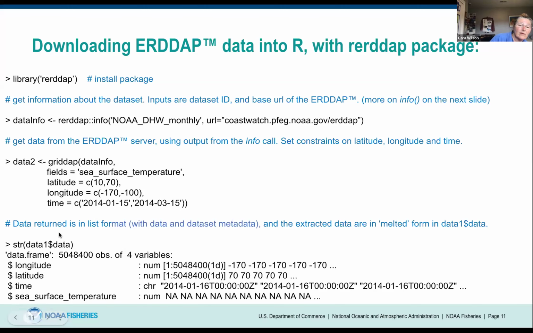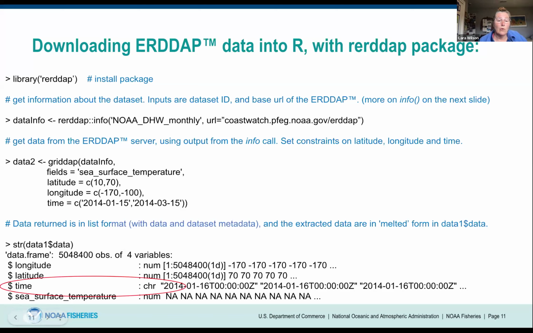So in this last call, I'm looking at the variable contained within there, and you can see that the latitude, the longitude, the time, and the sea surface temperature are within this variable called data.